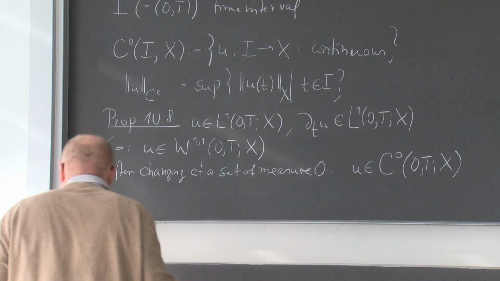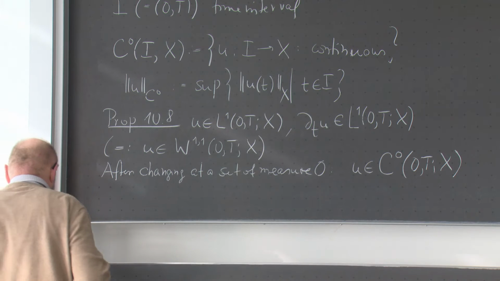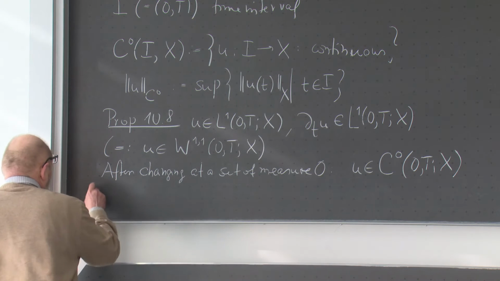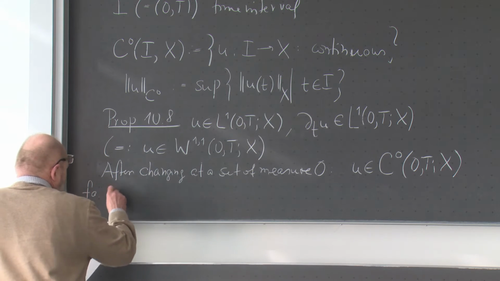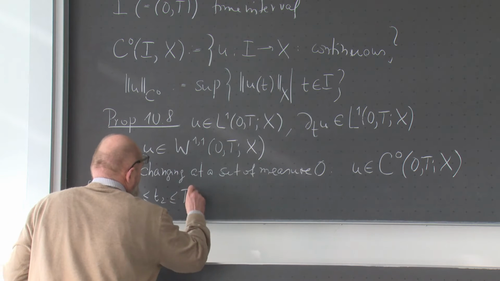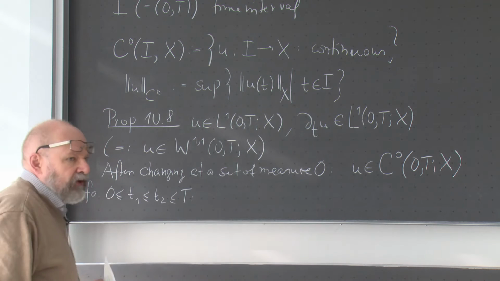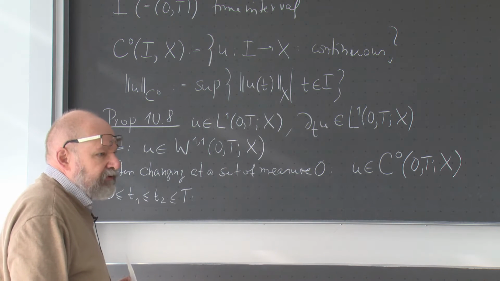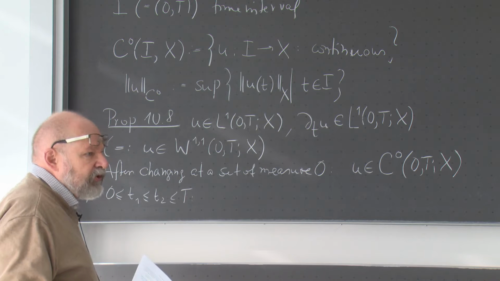And now for all, after this change, for all t1, t2 between 0 and t, we have the validity of the fundamental theorem, so we can compute as we are used to compute.